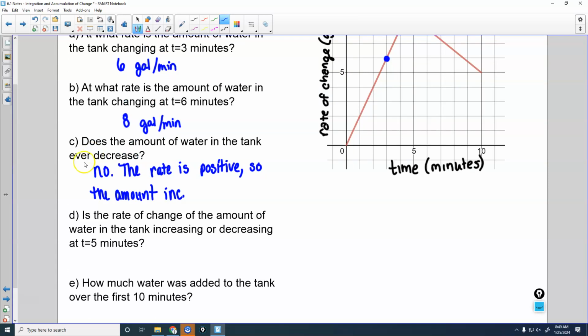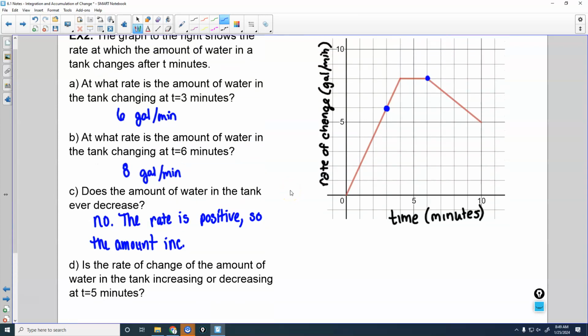All right. Is the rate of change of the amount of water in the tank increasing or decreasing at t equals 5 minutes? Okay. Let's think about what it's asking.